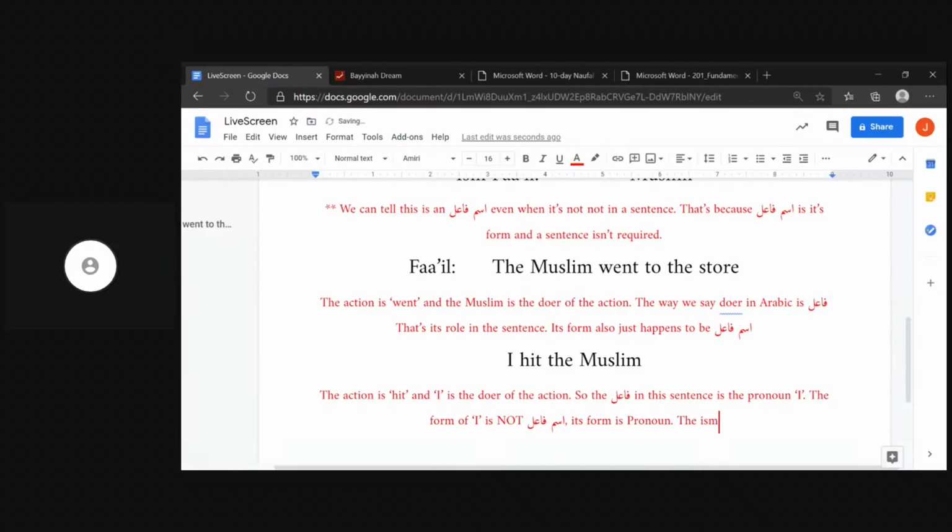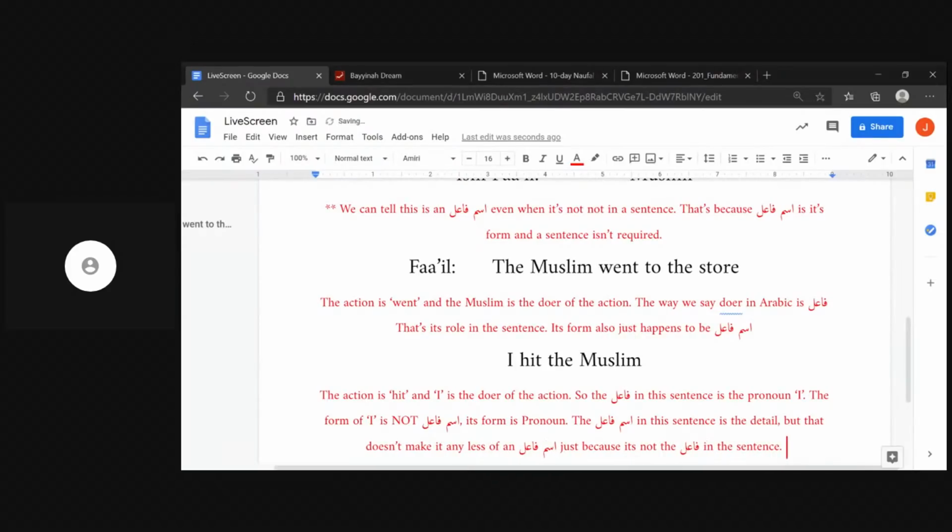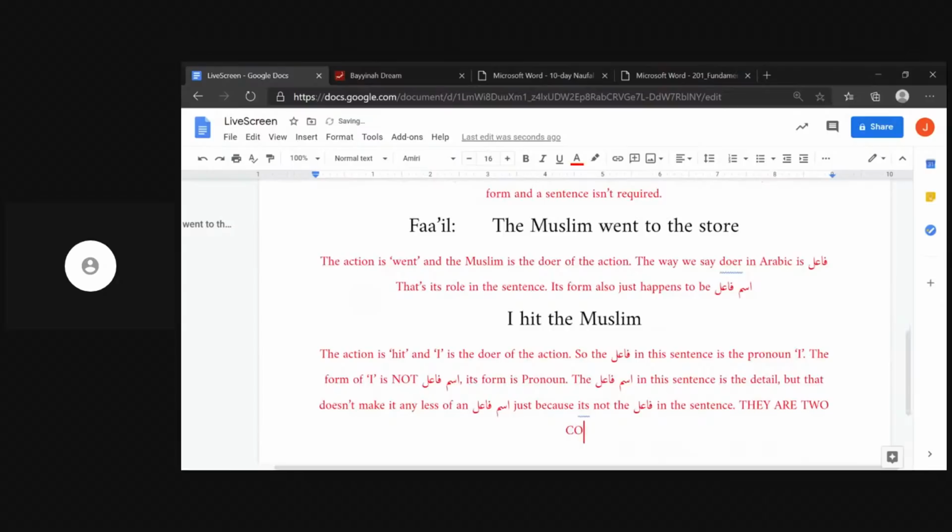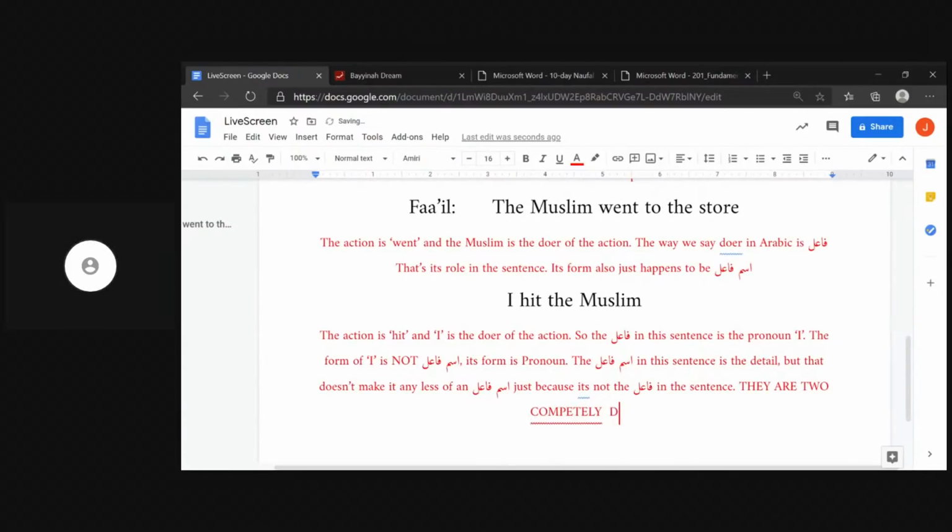The ism fa'il in this sentence is the object. But that doesn't make it any less of an ism fa'il just because it's not the fa'il in the sentence. They are two completely separate terms.